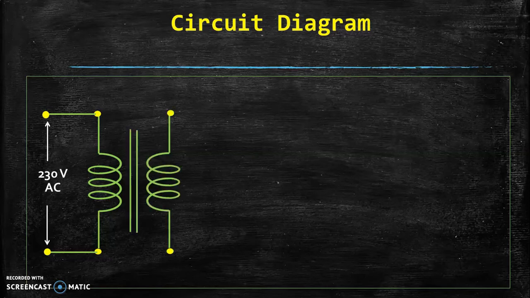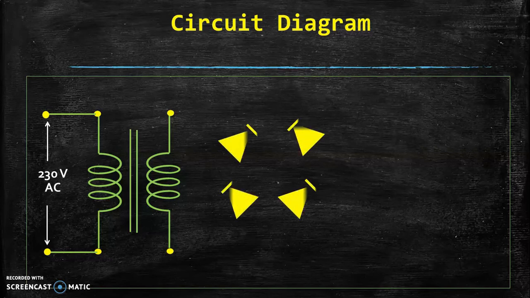On the secondary side, we connect our diodes. In case of bridge rectifier, center tap transformer is not required, but we require 4 numbers of diode. We do the connection of the diodes in such a way that it resembles like a Western bridge, and that is why the name bridge rectifier is given.